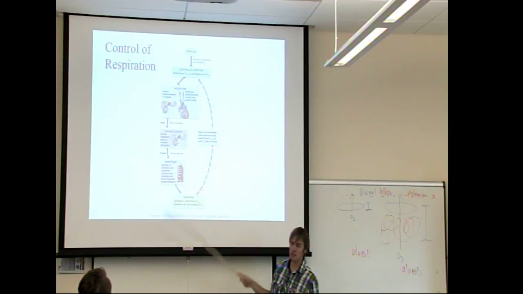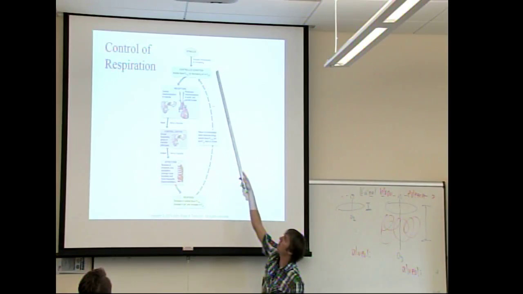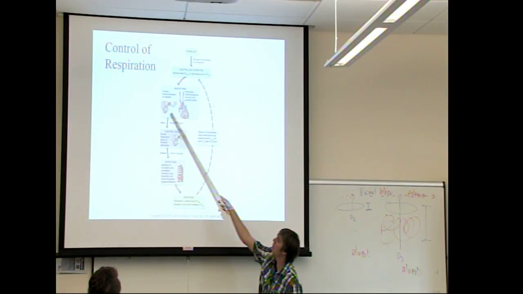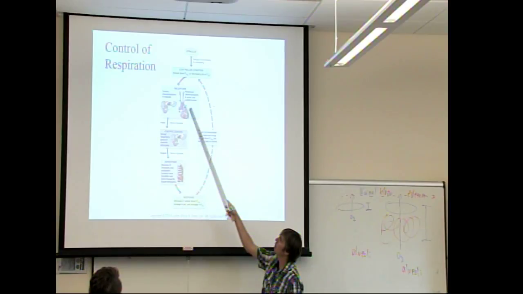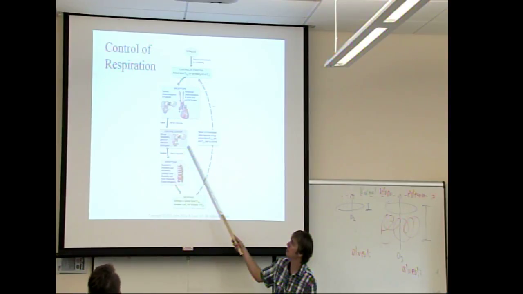So very similar to all the other feedback ones we've looked at. You've got your stimulus, which is low oxygen or high CO2, detected by receptors in the medulla, which is in the brain, or receptors in the arteries. That's the receptor part. Control centers in the medulla oblongata.